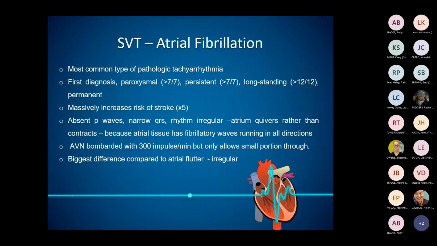My broad definition of whether to treat AF or not is very much the recurrence of it, how long they've been in it, and any other risk factors which can or cannot be addressed. Of course, if you're going to have excessive amounts of alcohol or caffeine and so on, then you're at a higher risk of going into AF and or having some sort of tachyarrhythmia.